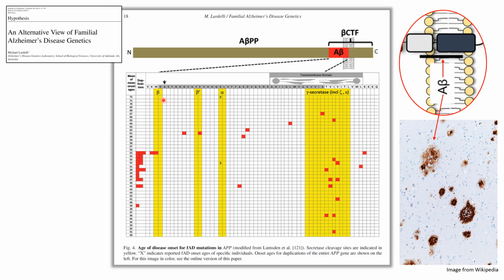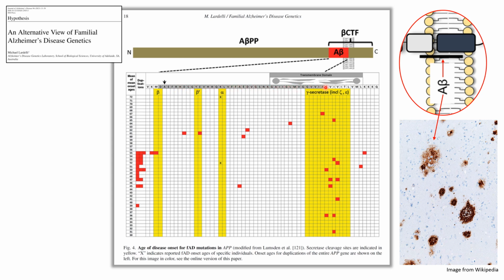What I'm showing on this diagram is a number of the mutations that cause familial Alzheimer's disease and the age at which they would tend to cause the disease. Down here we have what's called a mean of mean onset ages, which is derived from a number of studies. And here we can see the amyloid beta region spread out in detail to show the actual amino acids from the amyloid beta peptide.